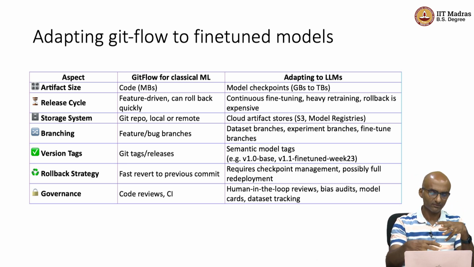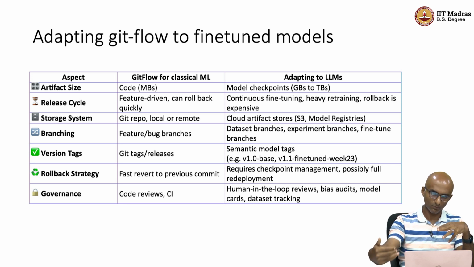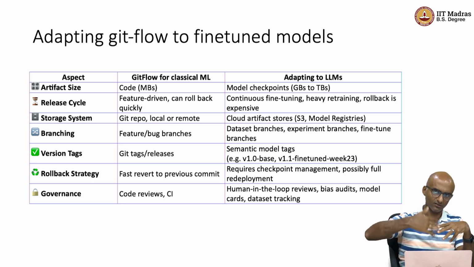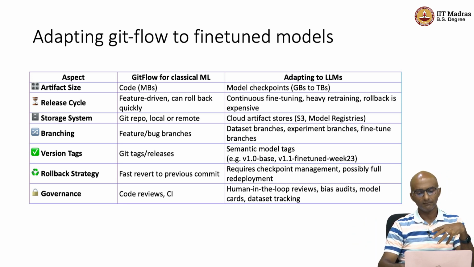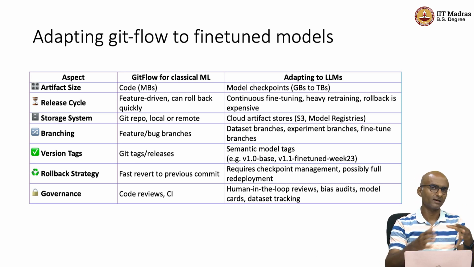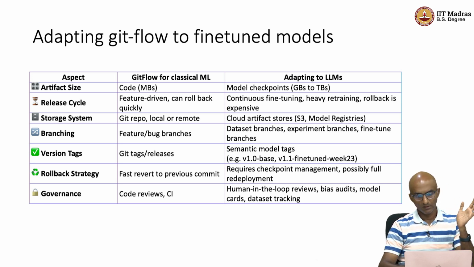So each of those become experiments, and those experiments are their own branches, and the branches go through their own life cycle. Version tags are usually attached to every release, whereas here you might want to attach semantic model tags, not just versions for the release. So it's useful for you to then track which tag pertains to which model.